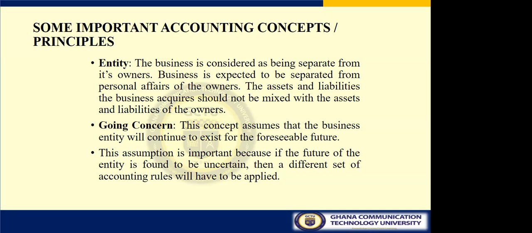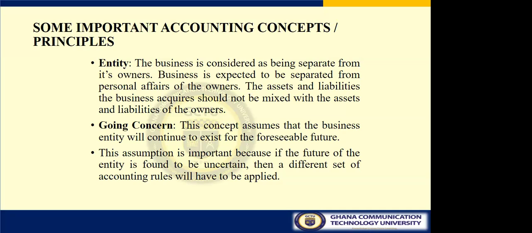And now the business is no more to be found. So as an accountant, as a manager, you should understand the entity principle, that the business is a separate body from the owners.